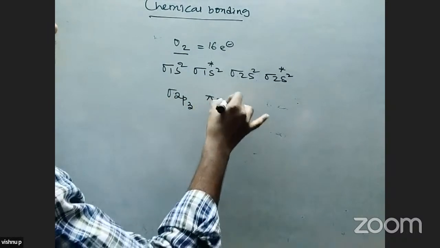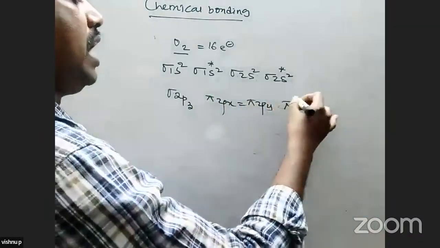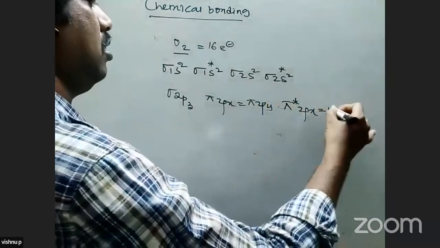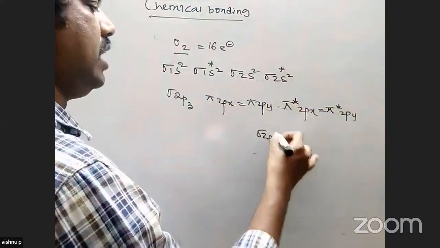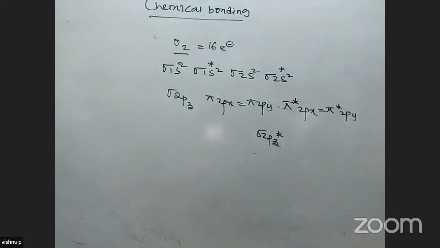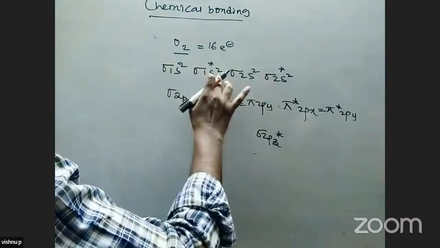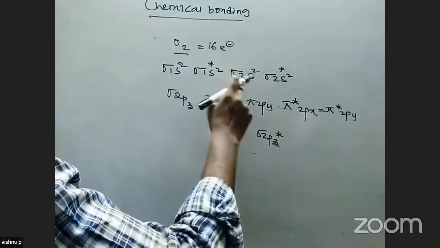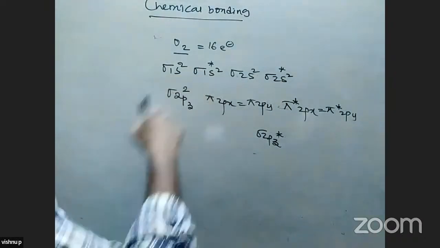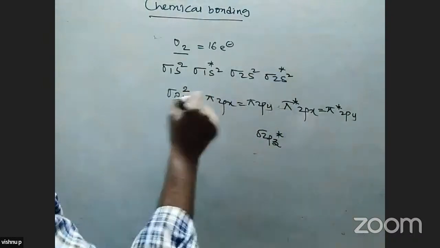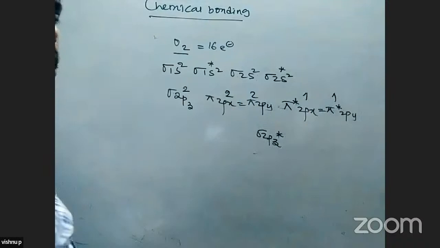Next, pi 2px, pi 2py, and pi anti-bonding 2px, pi anti-bonding 2py, sigma 2pz anti-bonding. This is the electronic configuration. Here, 2, 4, 6, 8, 10, 11, 12, 13, 14, 15, 16.